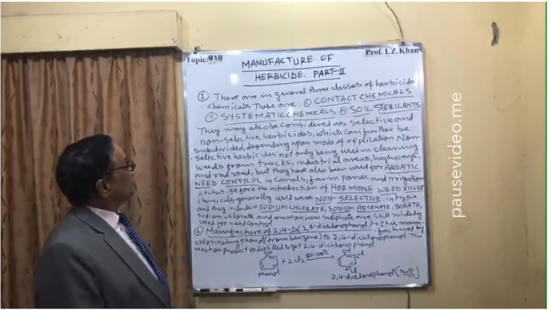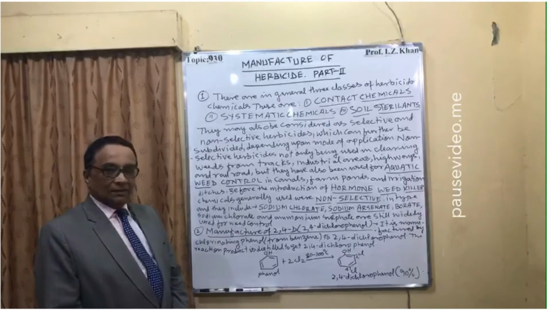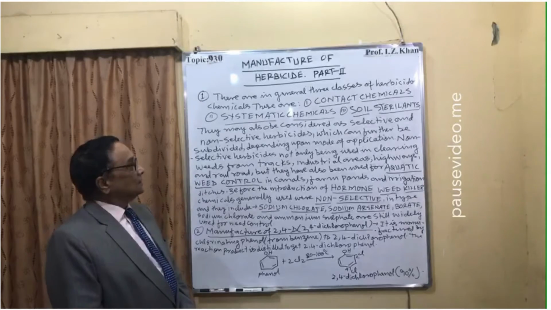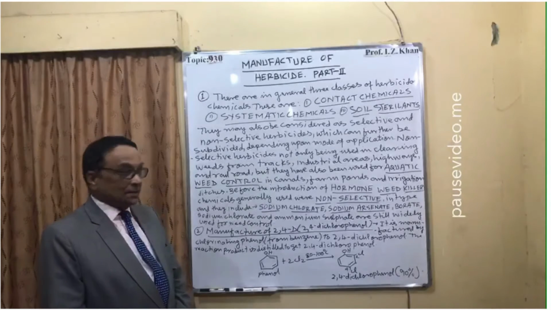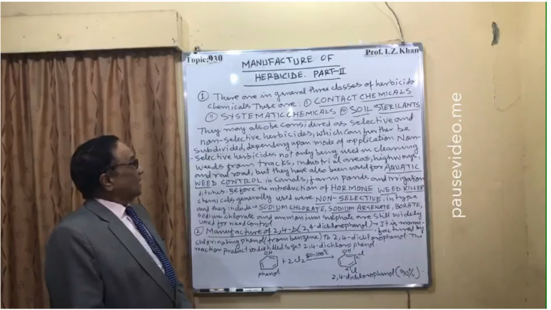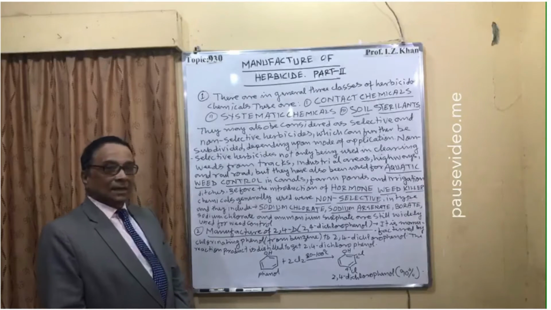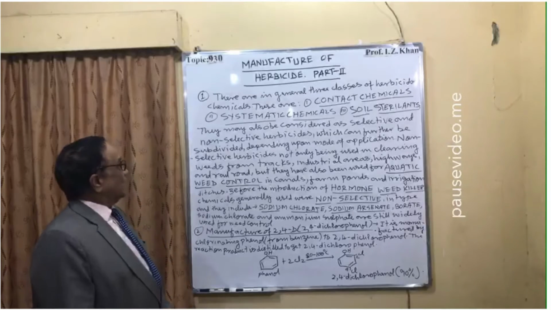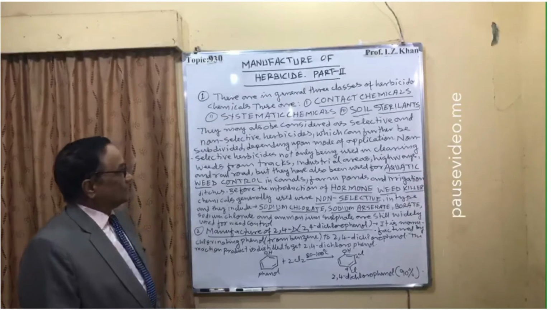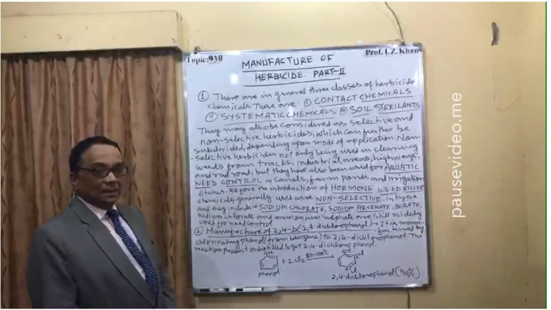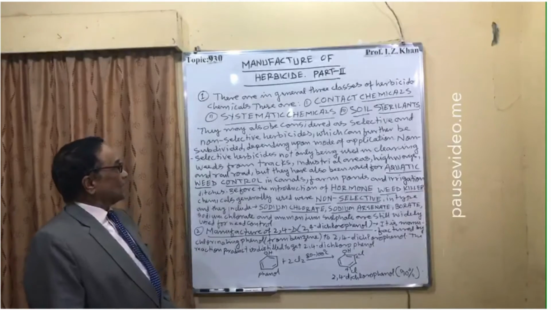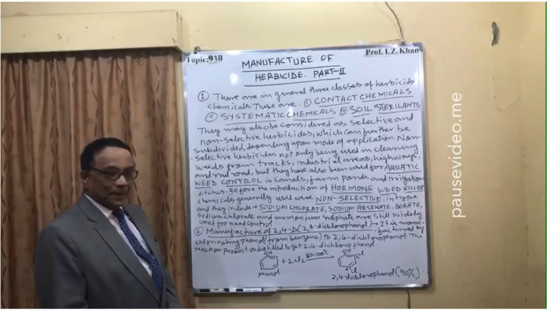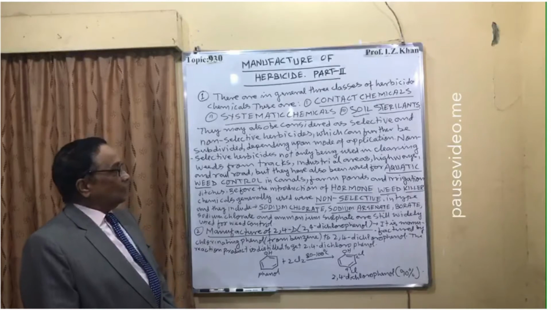So there are in general three classes of herbicidal chemicals, and these are: number 1, contact chemicals; number 2, systemic chemicals; and number 3, soil sterilants. And they may also be considered as selective and non-selective herbicides, which can further be subdivided depending upon the mode of application.